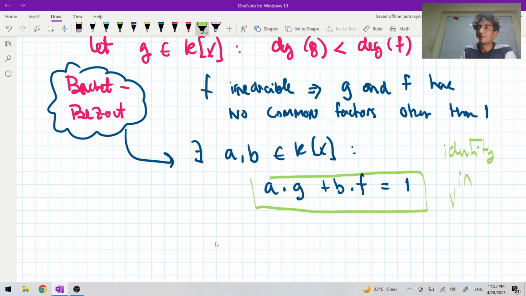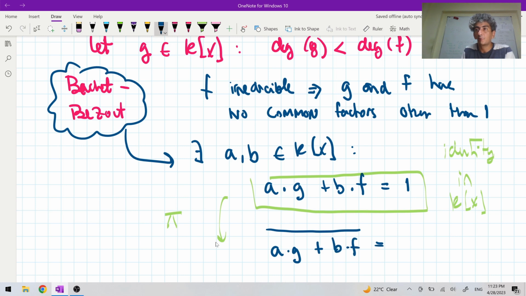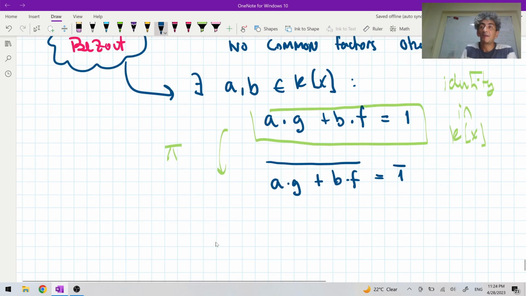in K[x]. And since this is an equality in K[x], we can project it to the quotient. So we project the left-hand side, and it has to be the projection of the right-hand side. Now we use the properties of the projection.